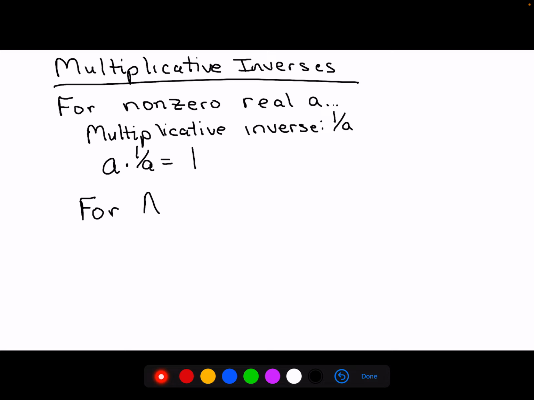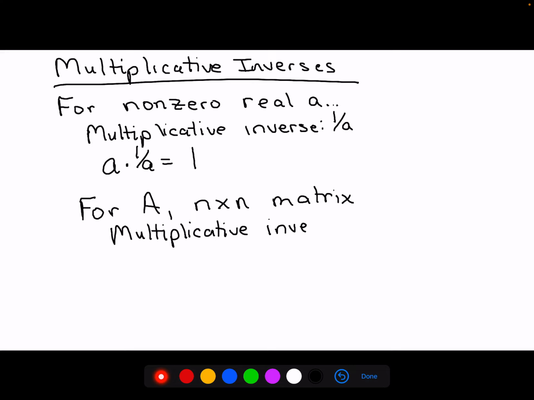let's say you have A, which is an n by n square matrix. The multiplicative inverse is written like capital A with a little -1 exponent. Now, up here with real numbers, 1 over A could be written as A to the -1.